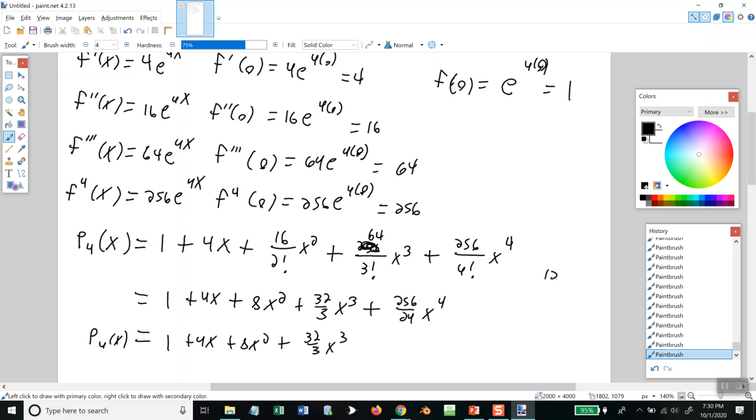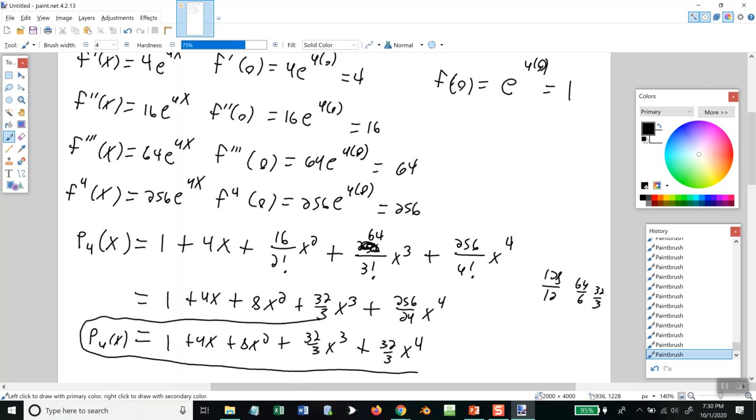That simplifies: 128 over 12, 64 over 6, 32 over 3. And that would be our polynomial approximated right around that x value, specifically x equals 0.